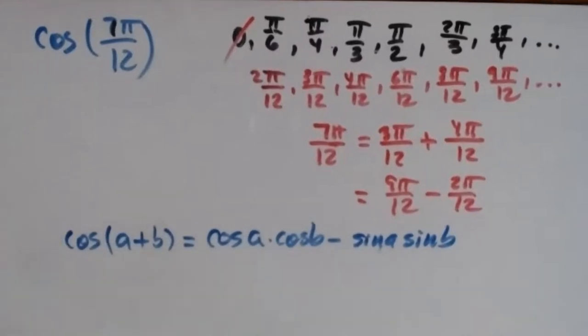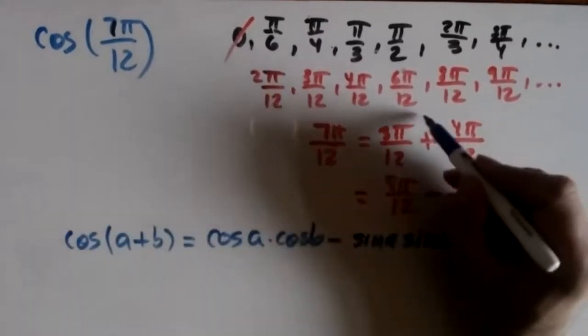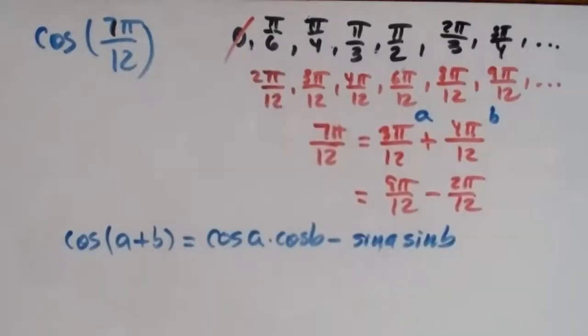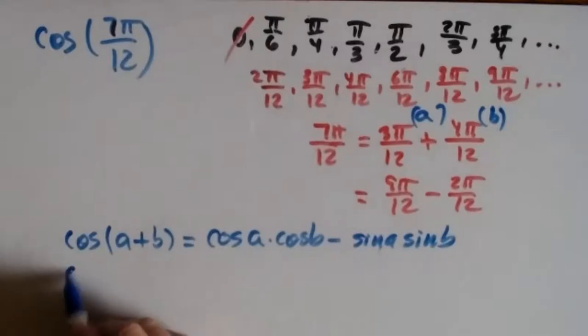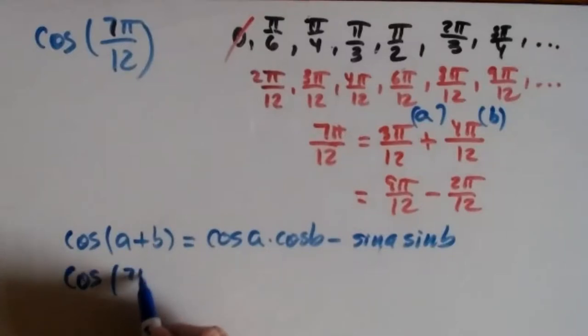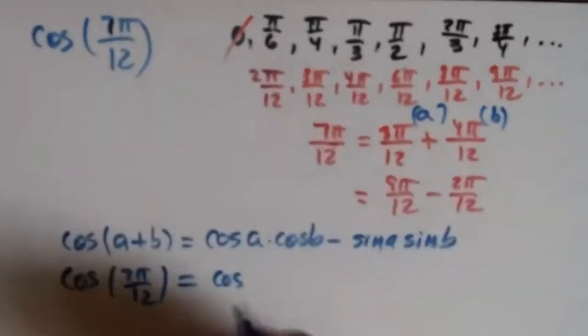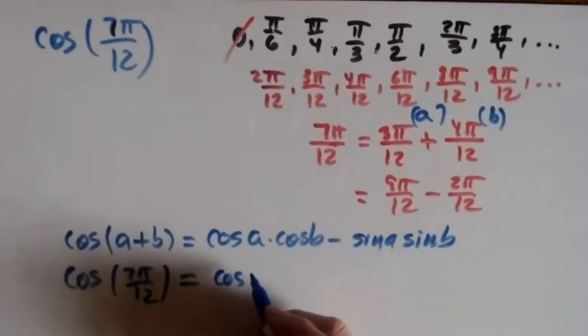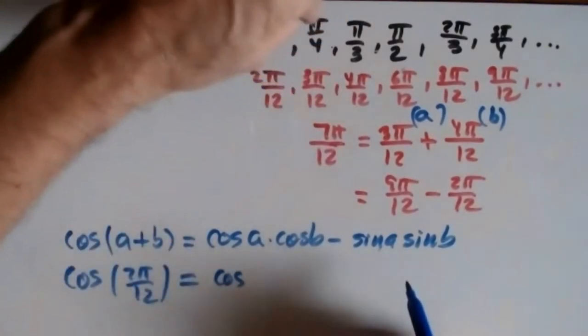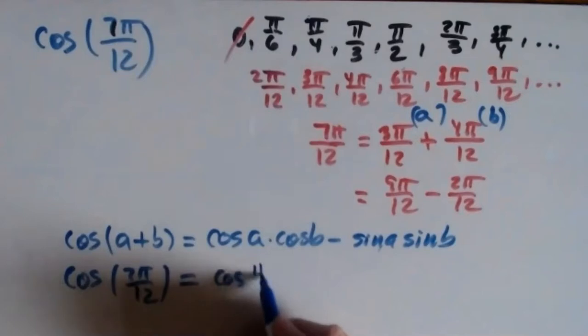Okay, now, this is the A, this is the B, right? Right here. So I'm going to combine this one. So cosine of 7 pi over 12 is cosine of 3 pi over 12, and 3 pi over 12 is pi over 4, right?